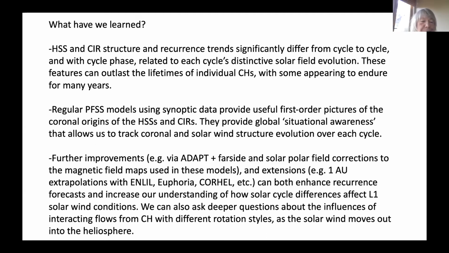And so there must be a lot of interaction of structures that have different azimuthal speeds that we're not properly accounting for in our thinking and our modeling, that hopefully Parker Solar Probe and Solar Orbiter probing of this region will enlighten us about. So that's all I have to say today. And thank you for listening.